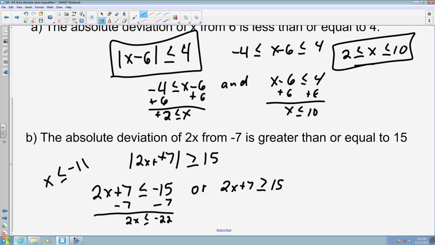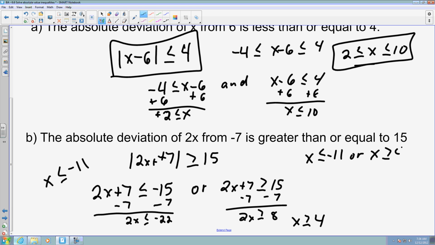On this inequality, I'm going to subtract 7 to both sides, which gives me 2x greater than or equal to 8. And dividing both sides by 2, x is greater than or equal to 4. So writing this out, I could have x is less than or equal to -11, or x is greater than or equal to 4.